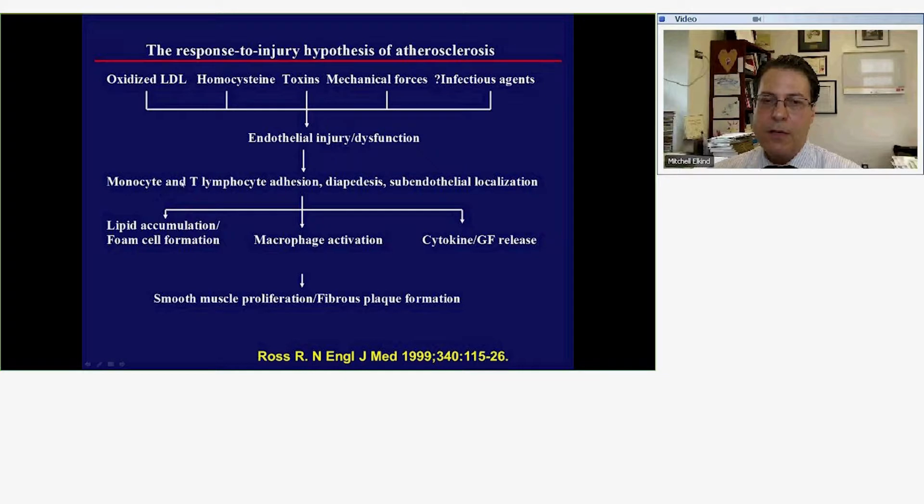So you get monocytes and lymphocytes adhering to the vessel wall. They migrate beneath the surface of the vessel and take up residence there. And then they can accumulate lipids, they become foam cells, macrophages become activated and release cytokines and growth factors, and that leads to smooth muscle proliferation and growth of the atherosclerotic plaque. And similar inflammatory mechanisms are thought to play a role in plaque rupture and the acute ischemic event.